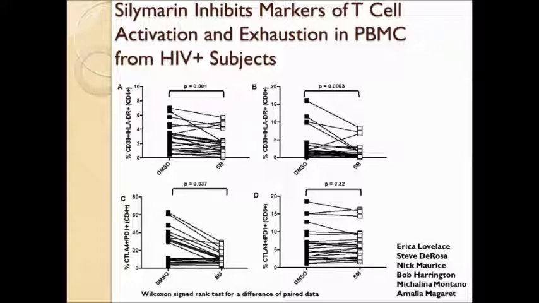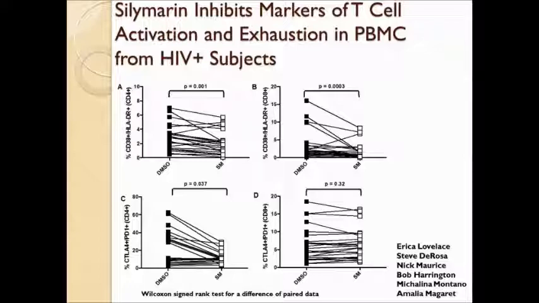The bottom line is that when Erica got these cells and cultured them ex vivo, in DMSO, the solvent control, or silymarin, there was a statistically significant reduction in these markers of chronic immune activation.